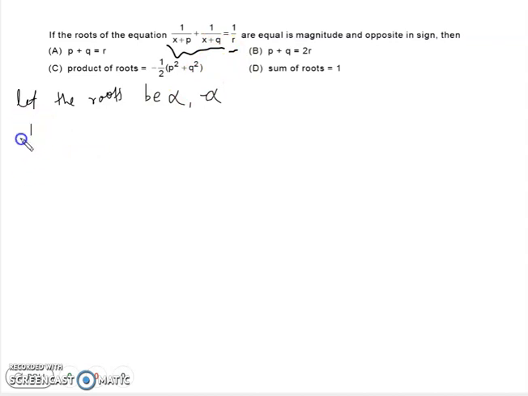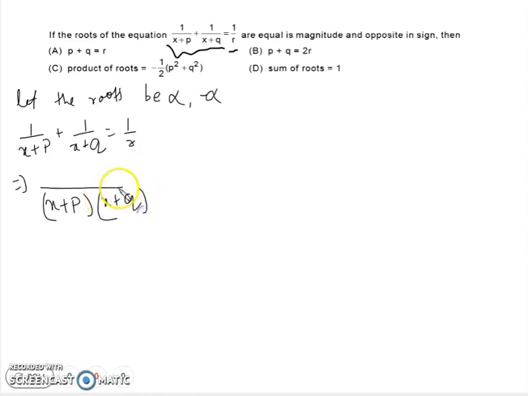So we can write here 1 by x plus p plus 1 by x plus q is equal to 1 by r, right? So after solving we can write x plus p, x plus q, and we can write x plus q plus x plus p is equal to 1 by r, right?